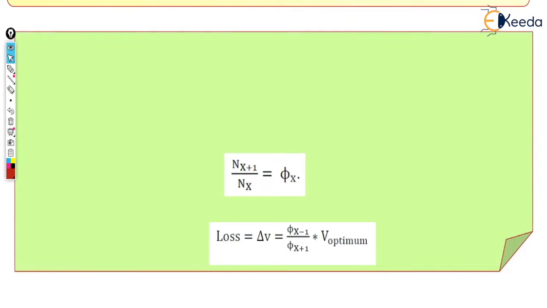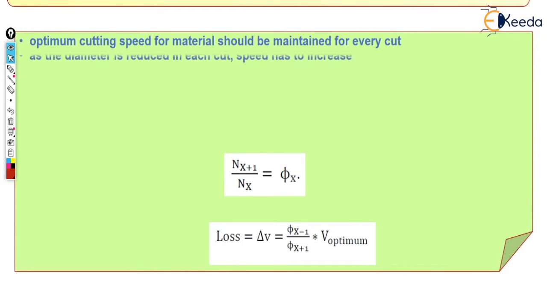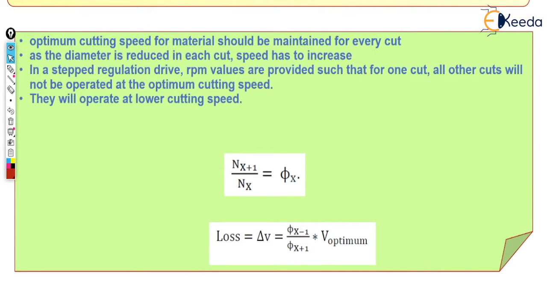How do we determine this constant loss? We will check the same three reasons here. First, the optimum cutting speed for the material should be maintained for every cut. While manufacturing a gear, the suitable cutting speed should be maintained for every cut.